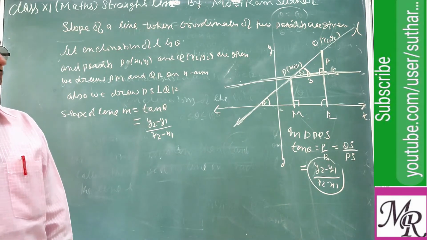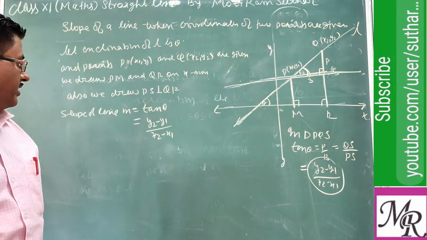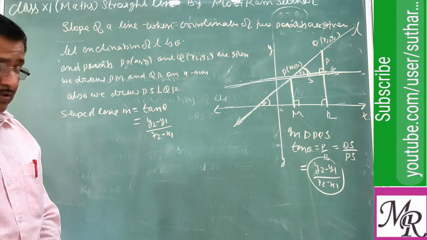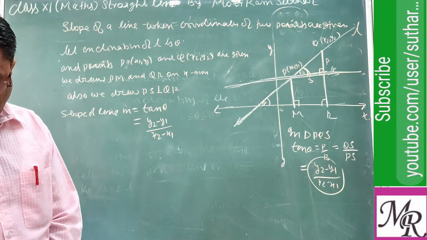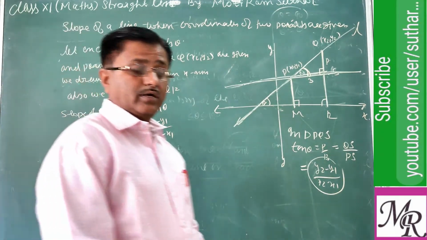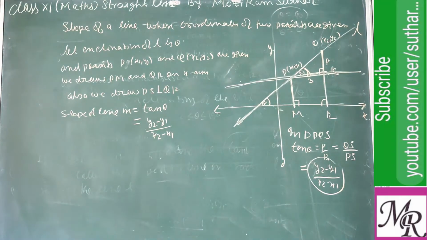So in this way one can find the value of tan theta, and that is the slope of the line. So dear students, one may find the slope of the line when we are given the coordinates of 2 points on the line.